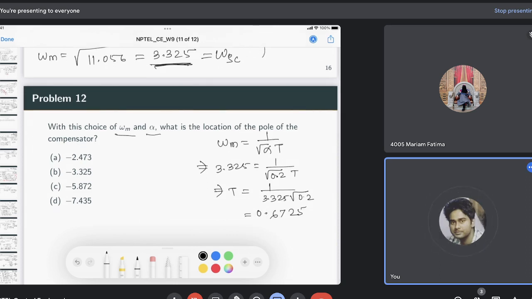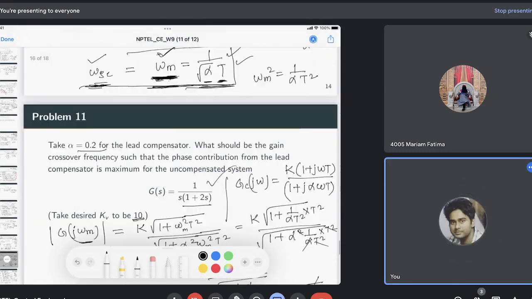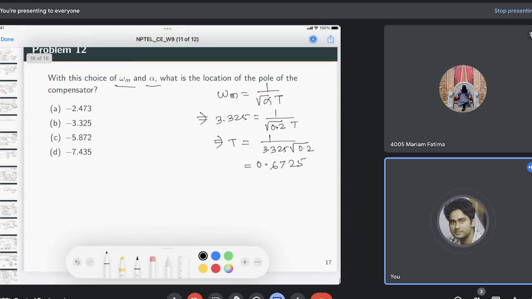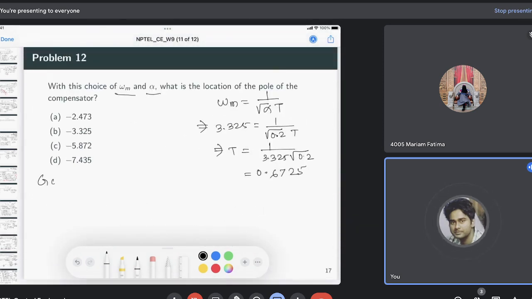So then what will be this lead compensator? As you can see, this is the lead compensator. We take the gain to be 10, which we have already designed, and we know T and alpha, so we can explicitly write the lead compensator. It is gain times (1 plus sT) by (1 plus alpha sT).